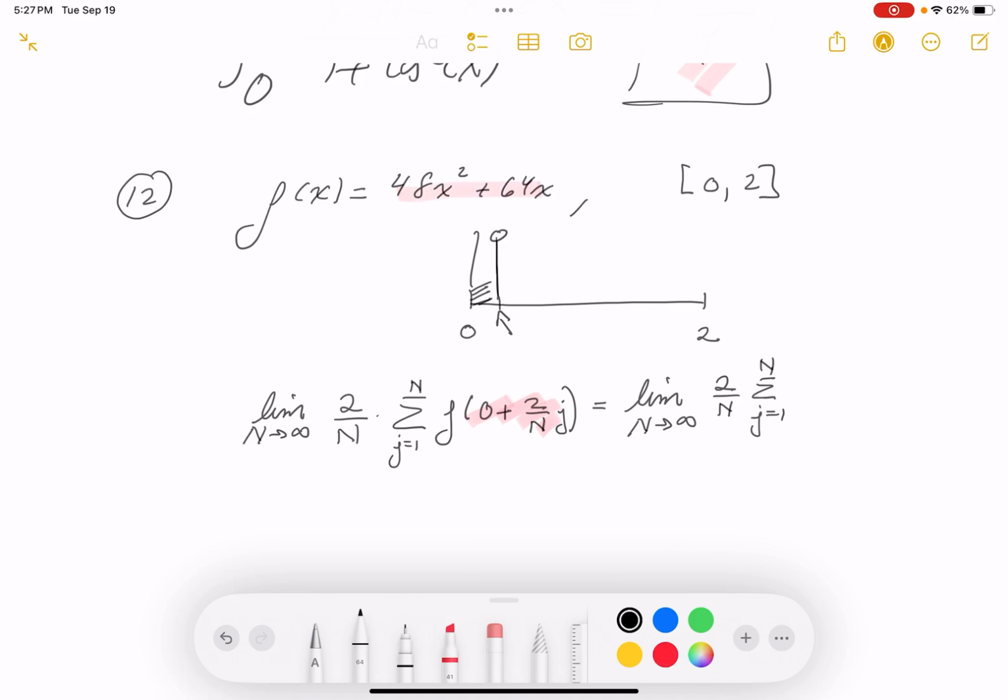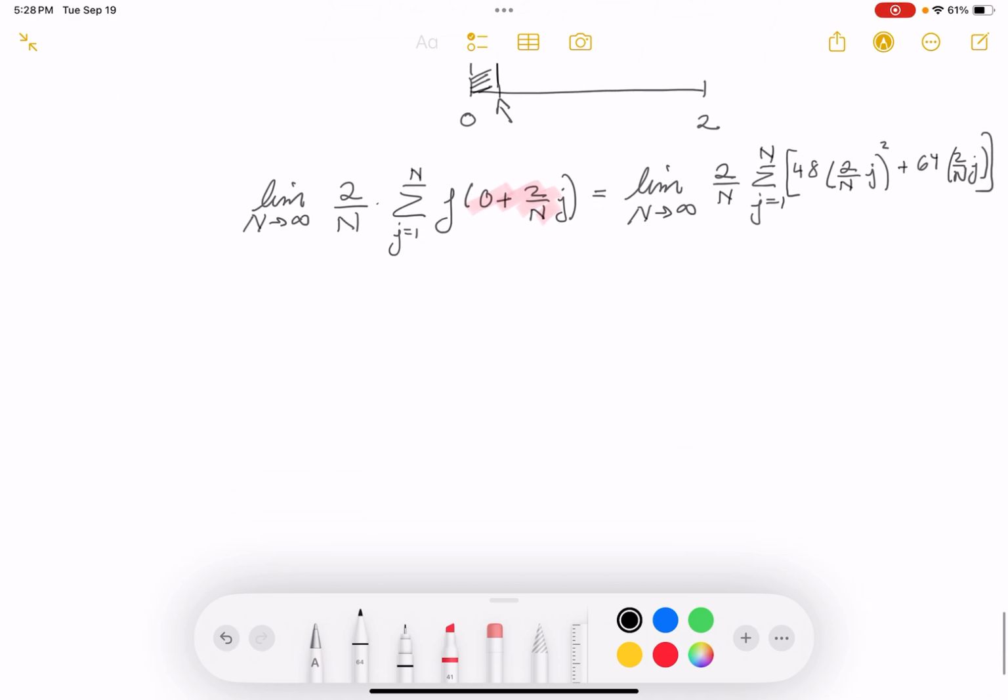So let me write that down for you. So it's going to be 48 times 2 over big N j squared plus 64 times 2 over n j, right? This is the thing we need to add together.